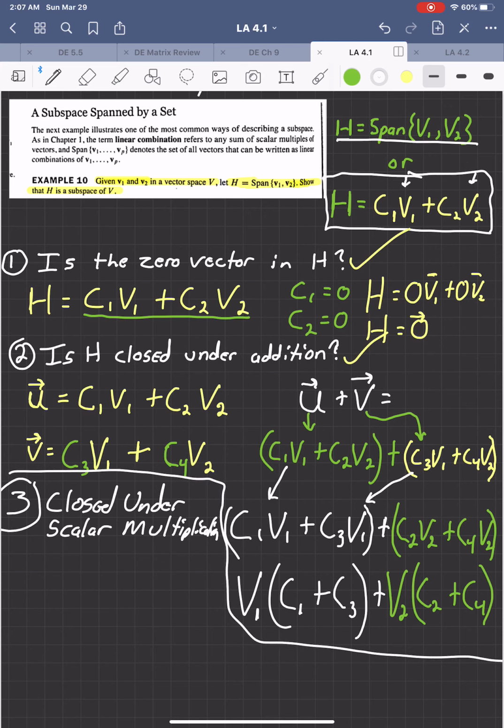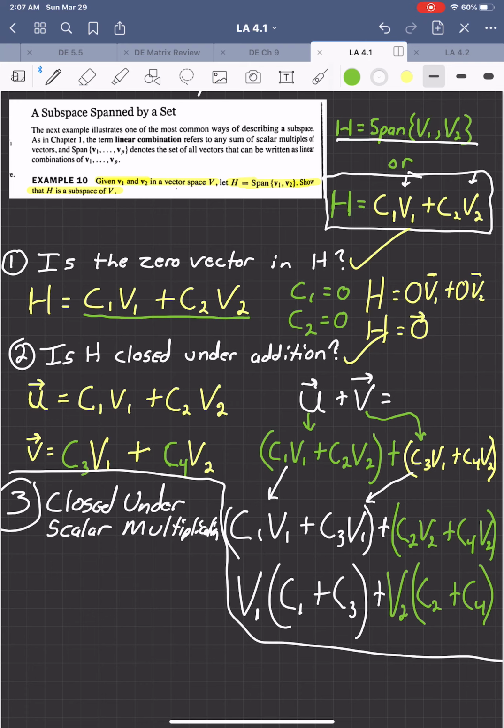Well, it's simple. You just need a single vector. I tell you what, you should try this on your own.